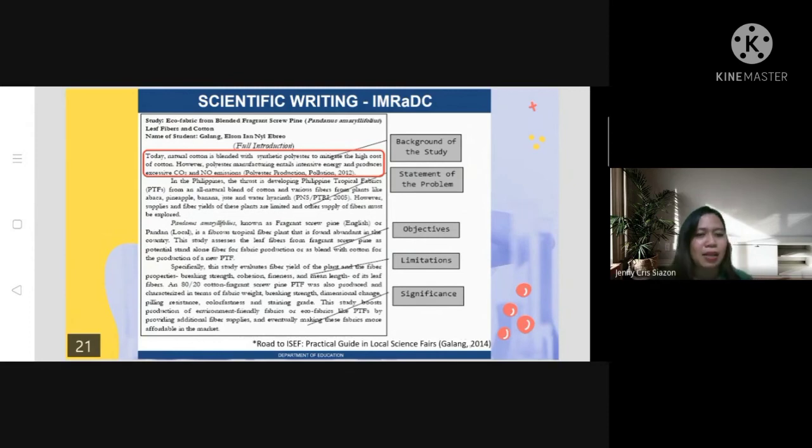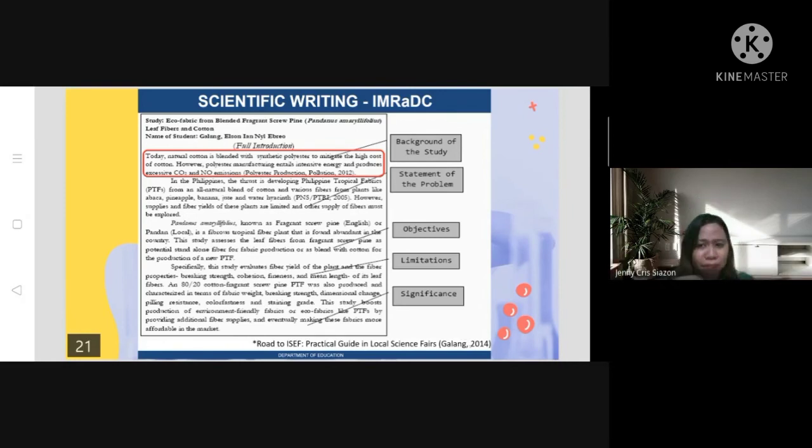So ano yung background? Sabi dito, today, natural cotton is blended with synthetic polyester to mitigate the high cost of cotton. However, polyester manufacturing entails intensive energy and produces excessive carbon dioxide and nitrous oxide emissions.